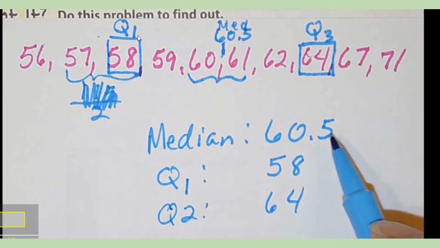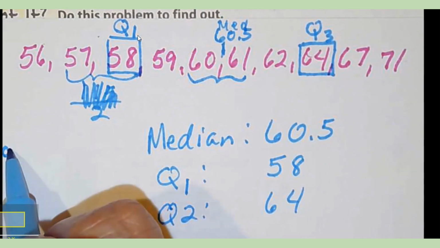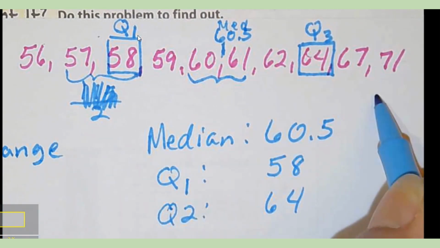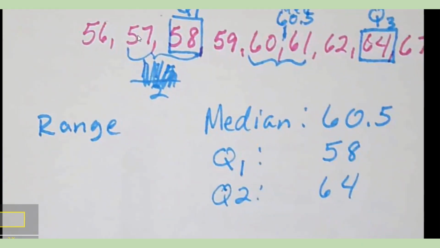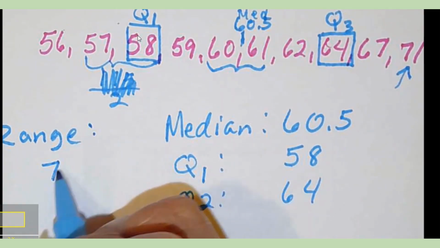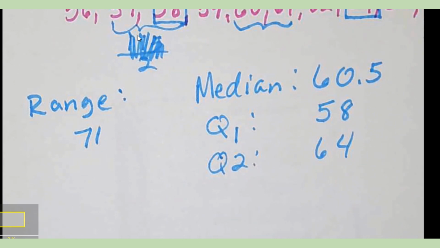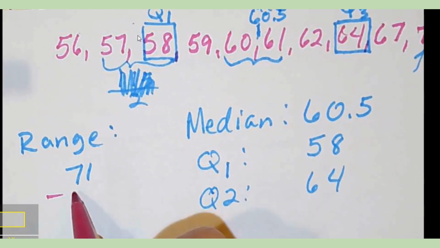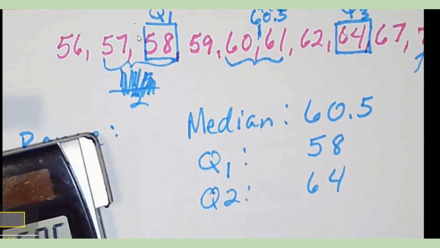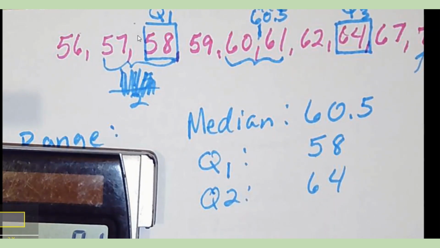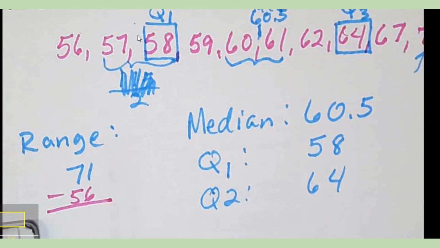And the range, remember to find the range, you take the highest number, 71, and you subtract the lowest number, minus 56, equals 15. So my range is 15.